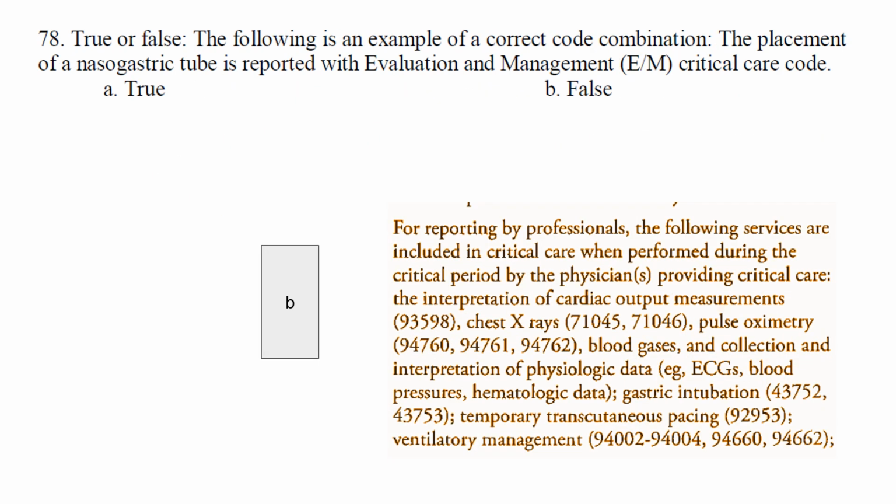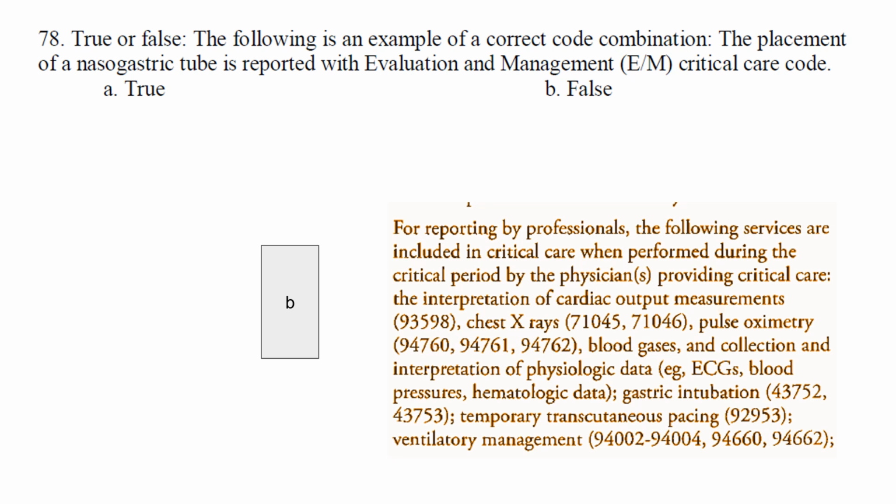The following is an example of the correct code combination. The placement of the nasogastric tube is reported with the E&M critical care code. Now this is a very important guideline, because in your E&M under critical care you have the guideline that certain services are bundled.